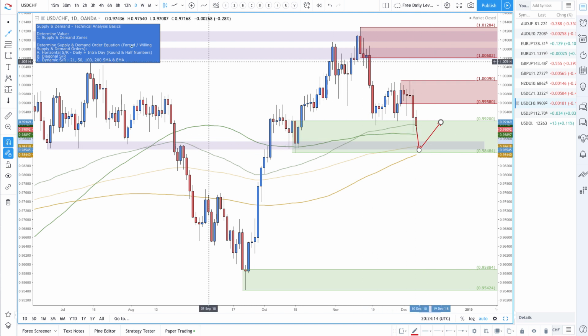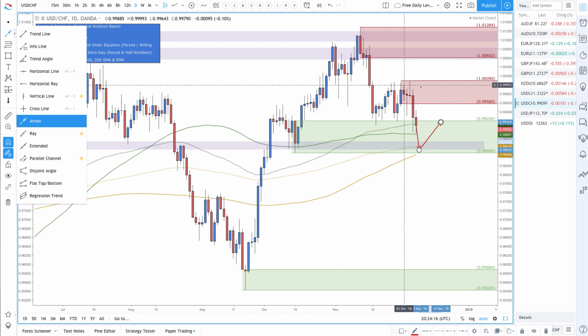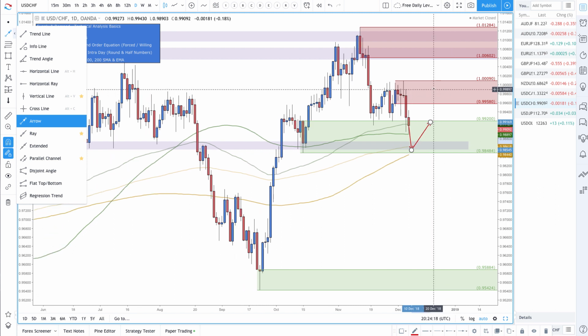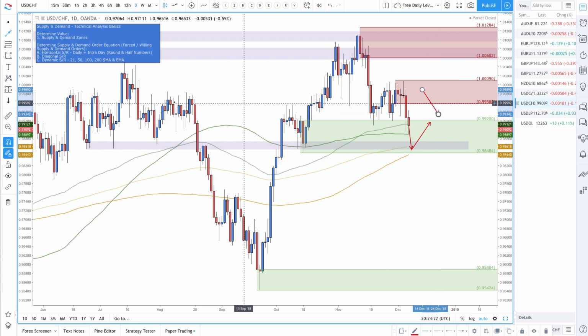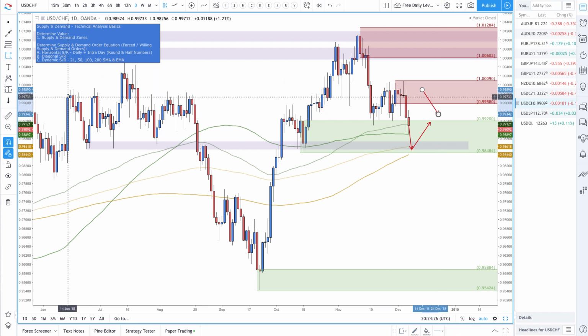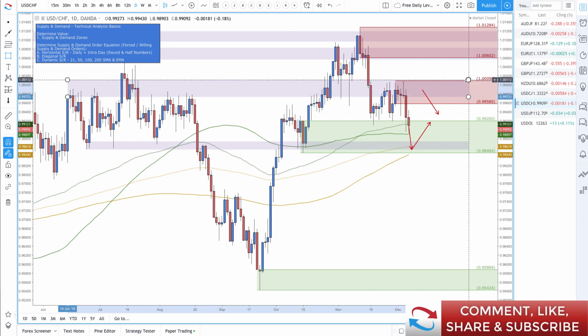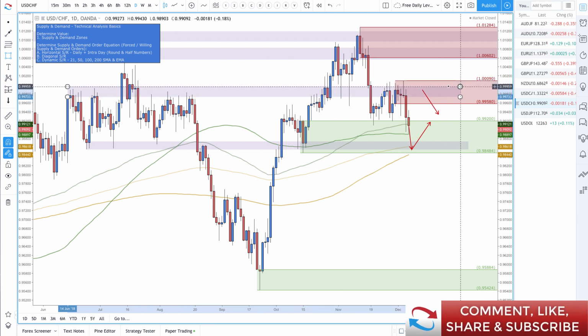If you're looking to be a buyer of the Swiss franc, you're waiting for price to come up into here, and then you're probably going to see this area as an area of support and resistance. You've got resistance, resistance, support, resistance, etc. in that area.